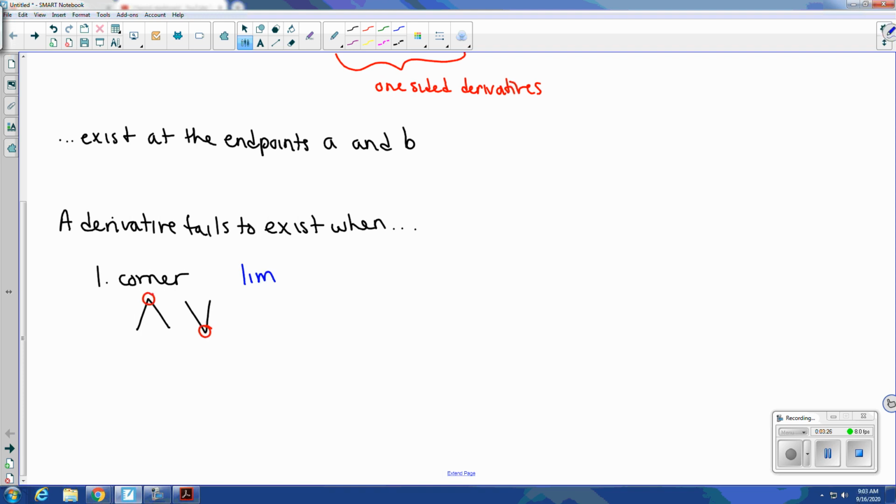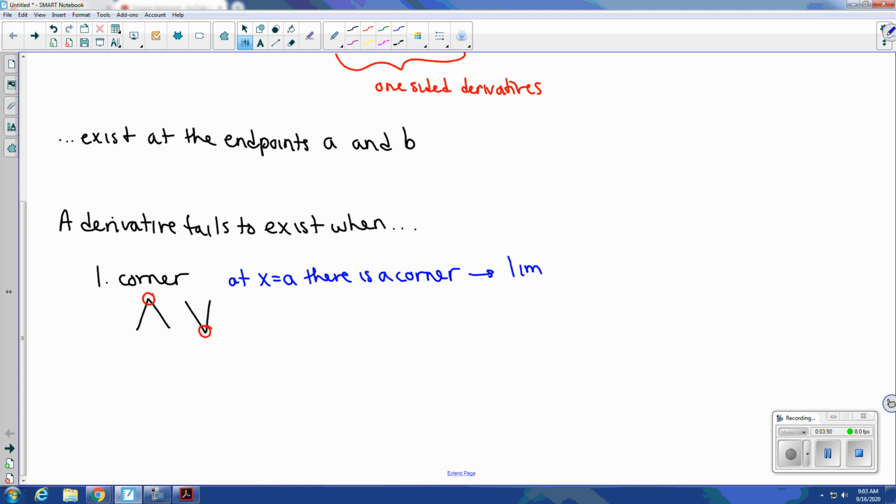So we'll say a is where the corner exists. So let's add that in. So at x equals a, there is a corner. Your justification as to why it's not differentiable, you would say the limit.